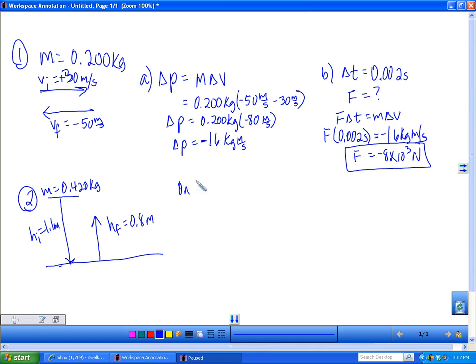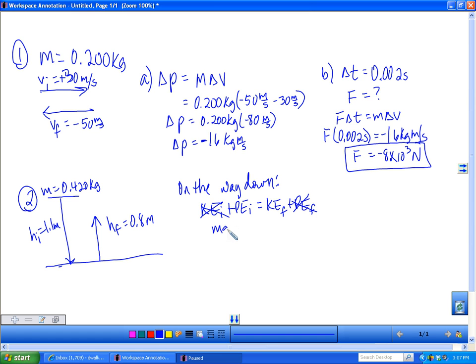So on the way down, KE initial plus PE initial equals KE final plus PE final. There is no KE initial, it starts from rest. There is no PE final because it's on the ground.